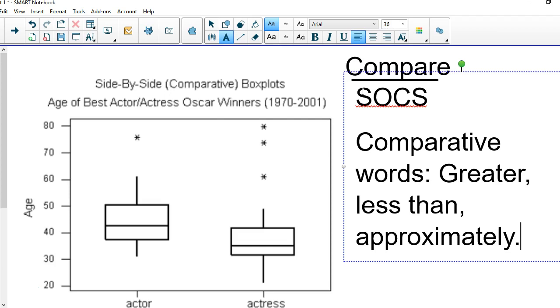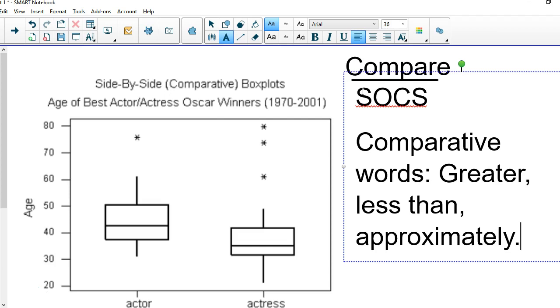The median of the actors is about 41, which is greater than the median of the actresses, which is about 39. Again, I use the words greater than there. The spread, the IQR, is approximately 15 for the actors, and for the actresses it looks like it's approximately 10. So the spread of the actors is greater than the spread of the actresses.